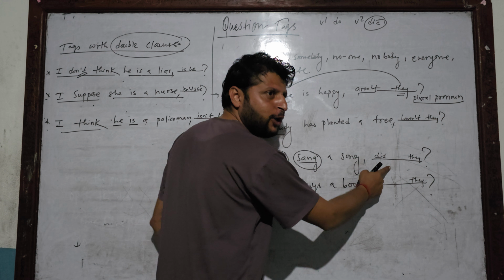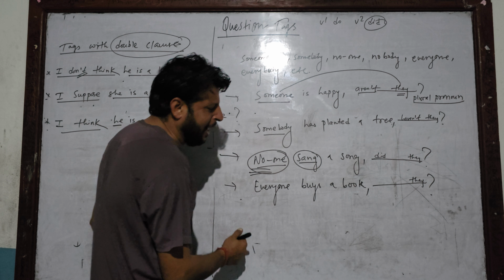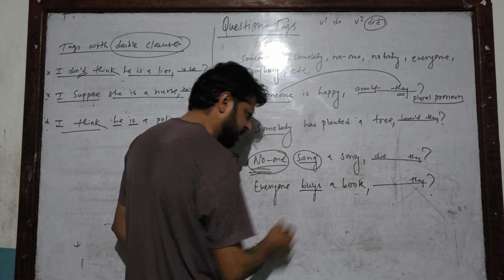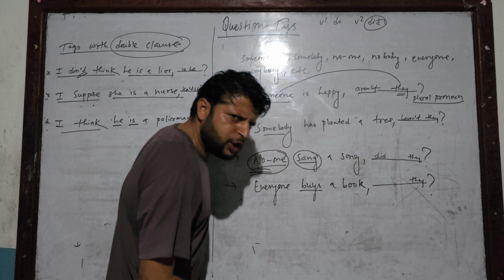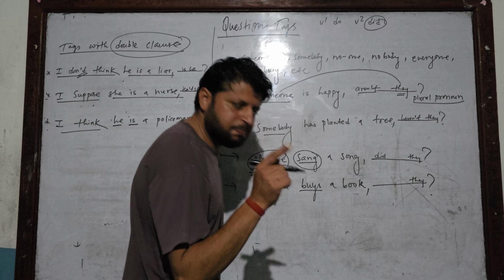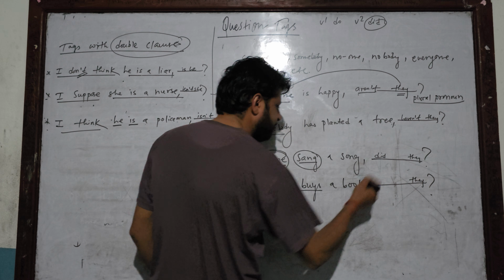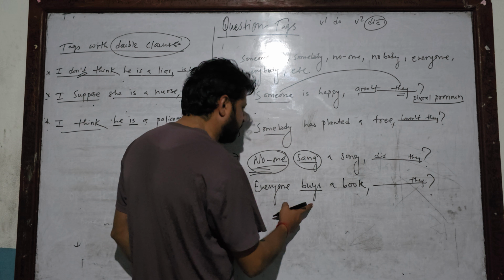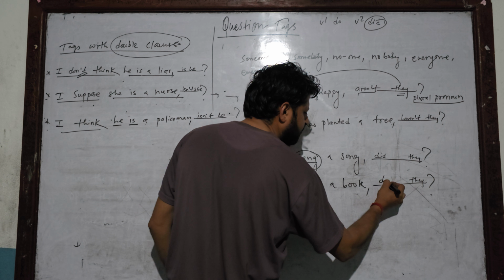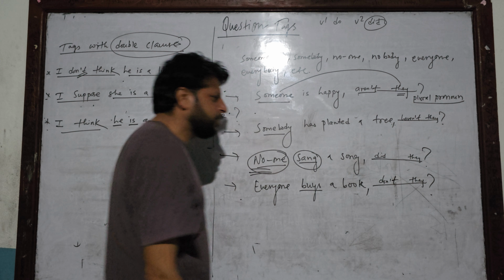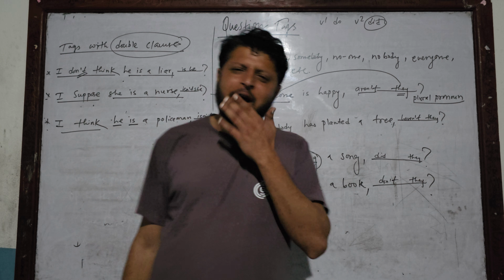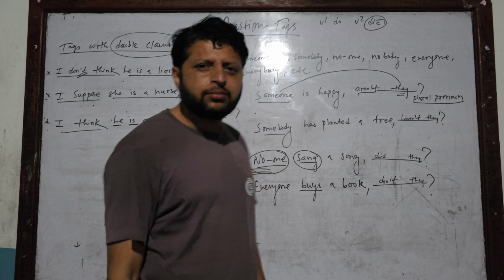The tag must be positive. Similarly, everyone buys a book. Buys. Can we write isn't they? No. What do we have to write? Instead of that, we write don't they. I hope you have understood, right?